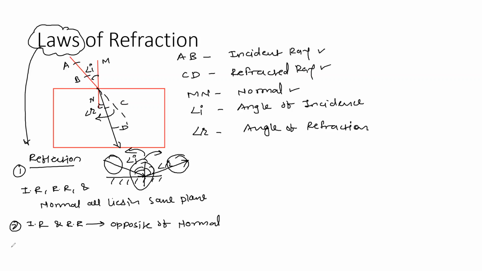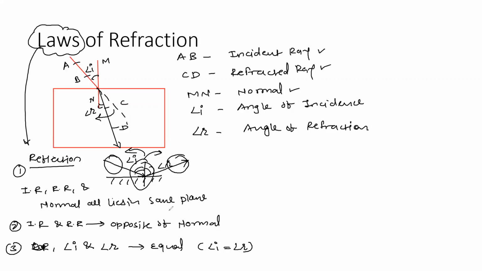And the third, very important one: it is not about the ray, it is about the angle. Angle of incidence and angle of reflection both will be equal. That is, angle I is equal to angle R.